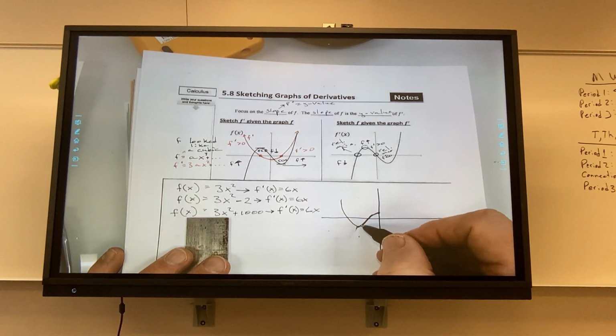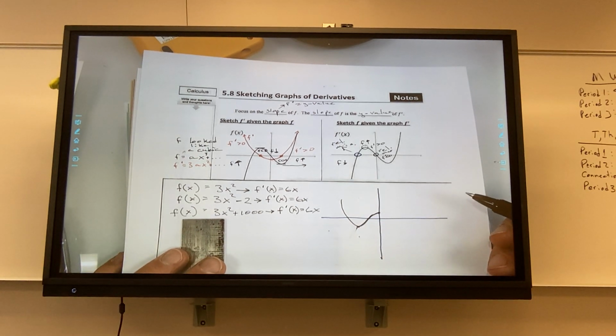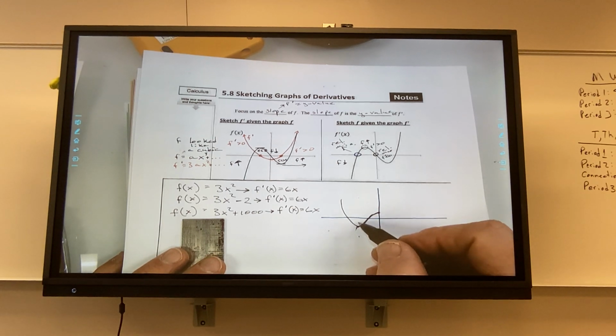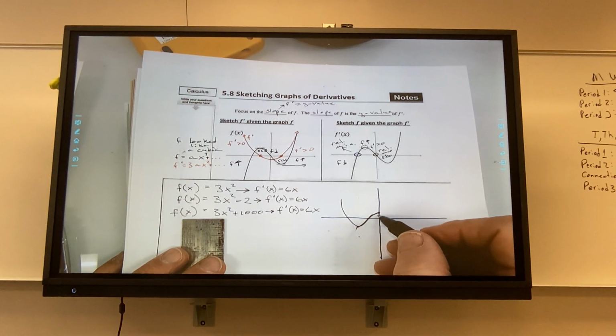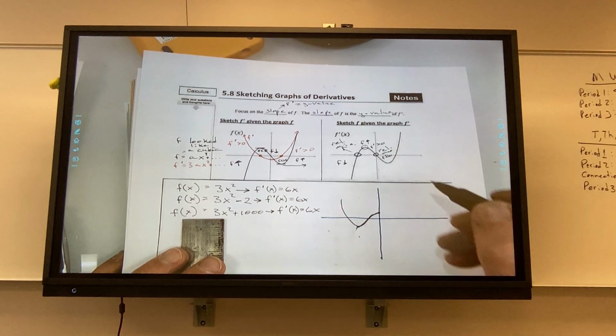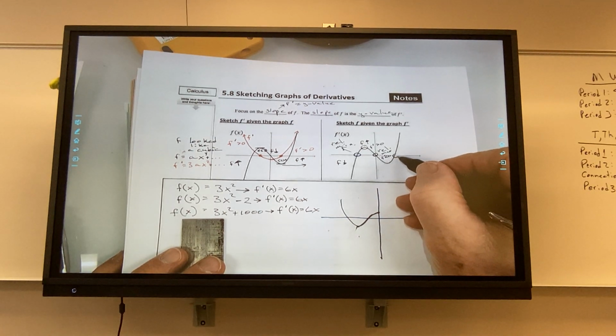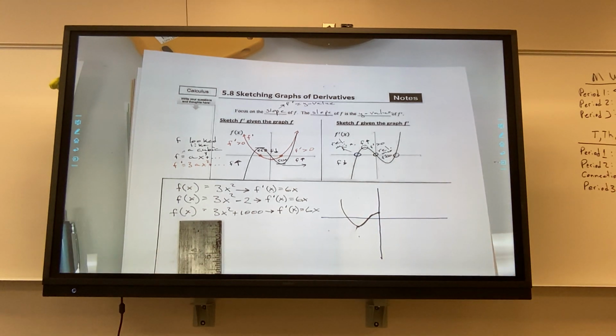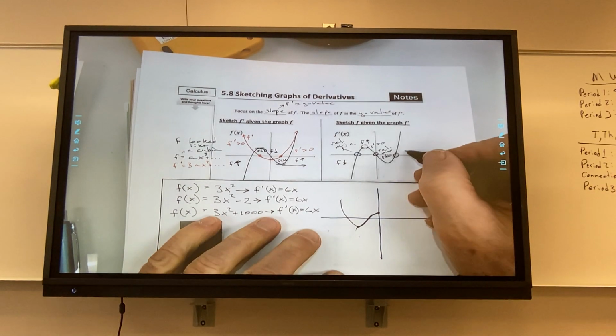Now, don't make these pointed because there isn't anything that's undefined. So I'm trying to make it curvy. I'm trying to show that this is concave up. I'm trying to show this is concave down. What's this right here? Audrey, what do you think? Relative something.